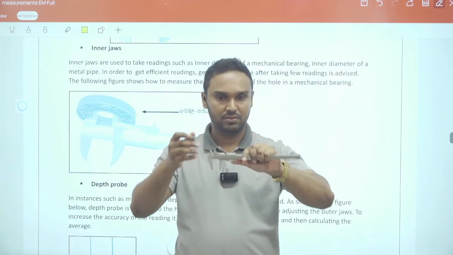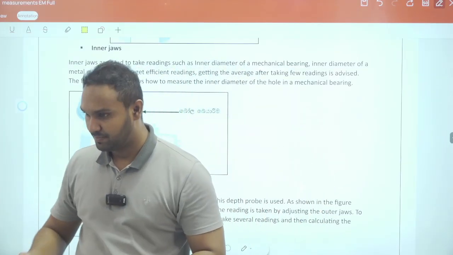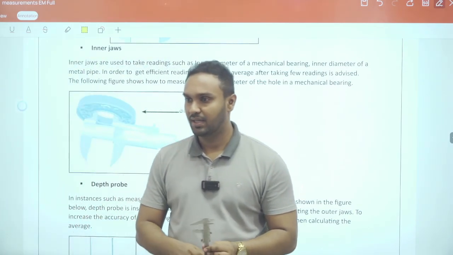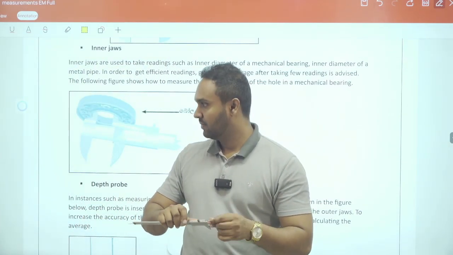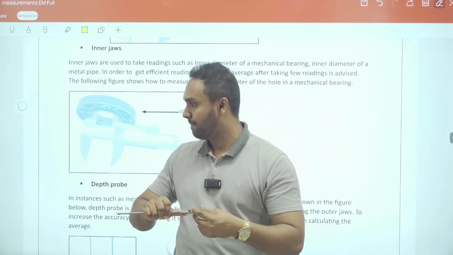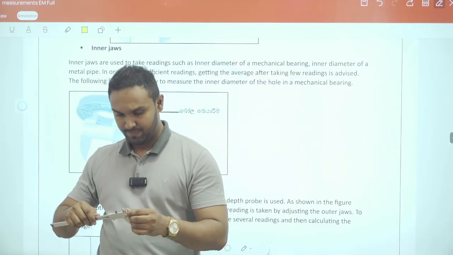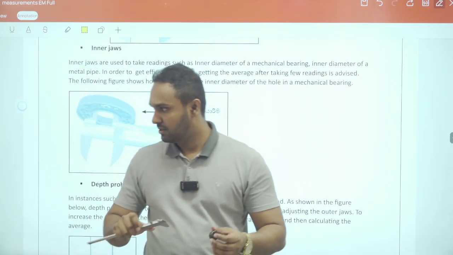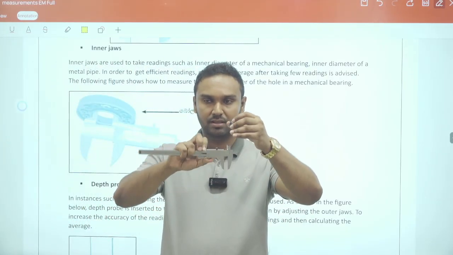So have you tried it? Mark the inner diameter. People online, I hope that you can see. So this is how you measure it.